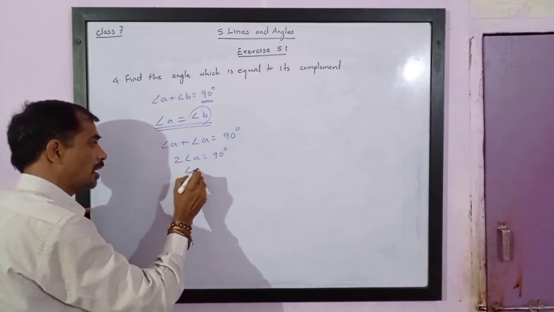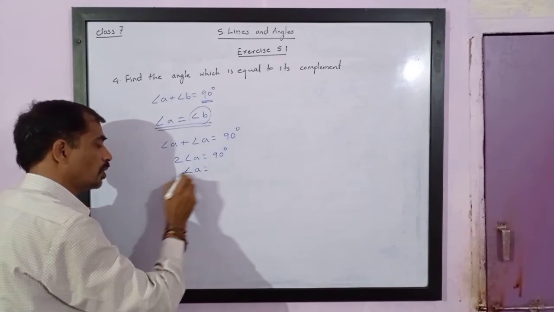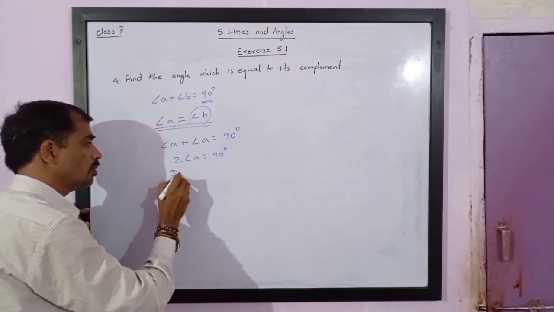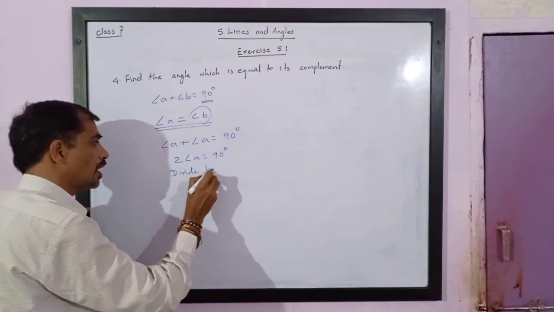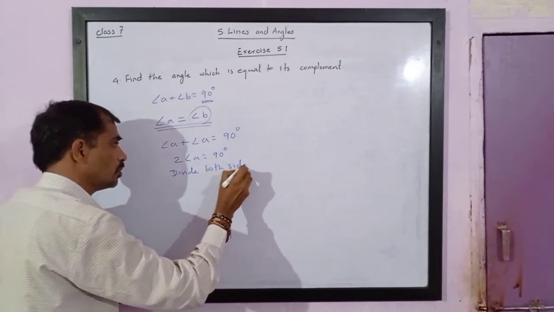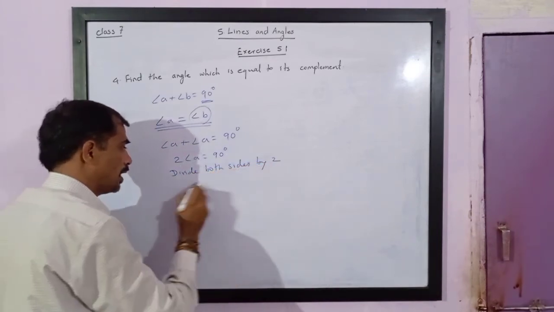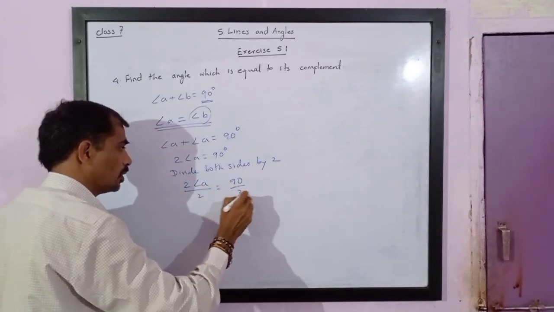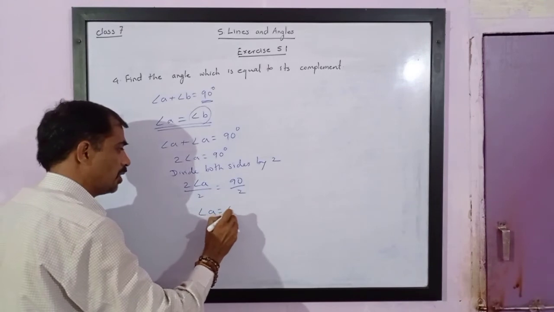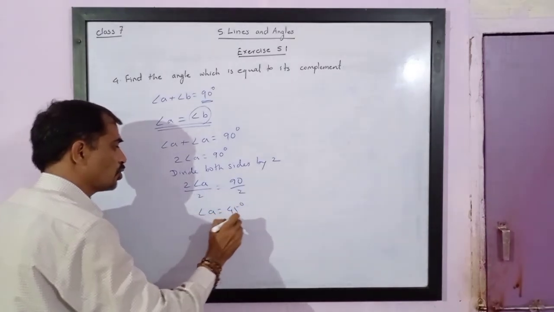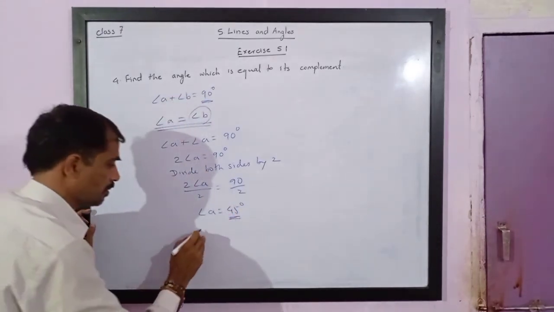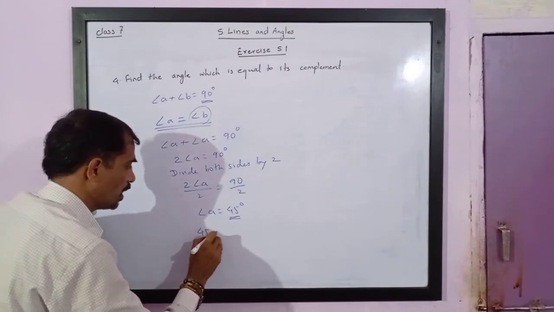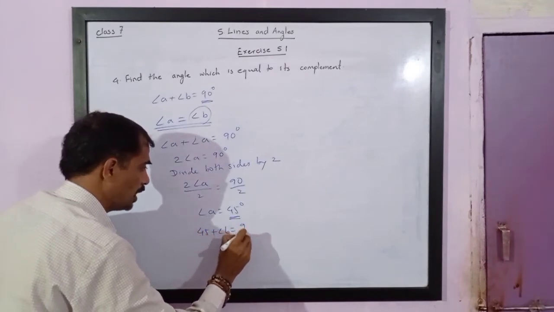It means twice angle A is equal to 90 degrees. Divide both sides by 2, you will get twice angle A upon 2 is equal to 90 upon 2. It means angle A is equal to 45 degrees. It also means that 45 plus angle B is equal to 90 degrees.